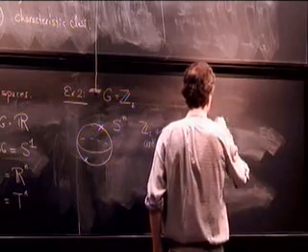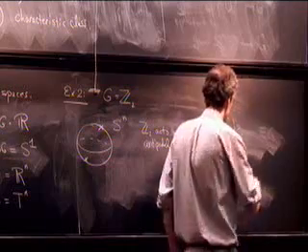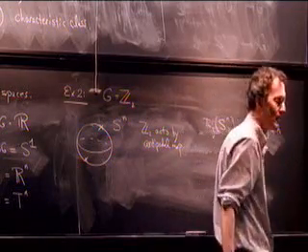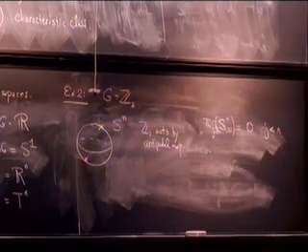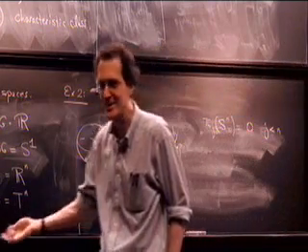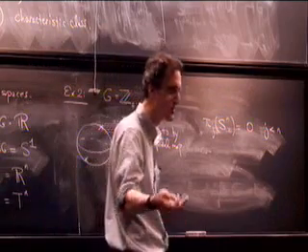So pi j of Sn, at least the ones in low dimension, were 0 for j less than n, right? Now, if your homotopy groups are all 0, then you've got a good bet that you've got a contractible space. Now, they're not all 0. They're 0 up to n. Does that suggest anything? Take n to infinity.